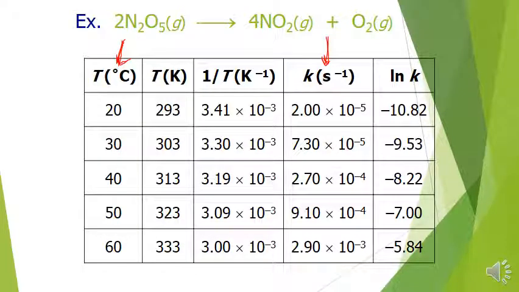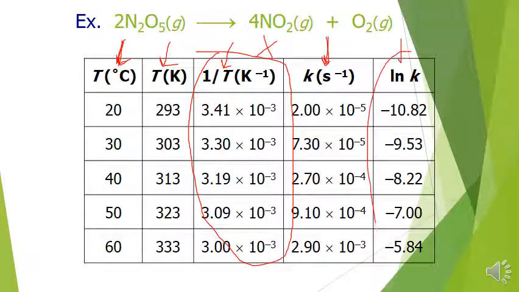The next thing you do with the temperature is make sure it's in Kelvin, and then you take the reciprocal. This data here will be your x. Now your rate constant is here, and then you take the log of it, and then it no longer has any units. So this will be your y.